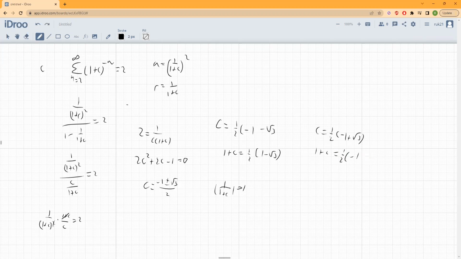So then if we get c and we do all our procedure, we will find that the value of 1 over 1 plus c, which was bigger than 1, is smaller than 1 now. And you can do that just by plugging it in and seeing. And since it's smaller than 1, it would converge, and it would converge to 2. So everything works out.